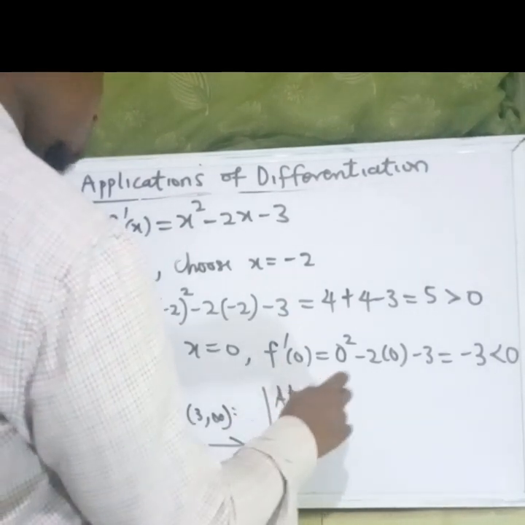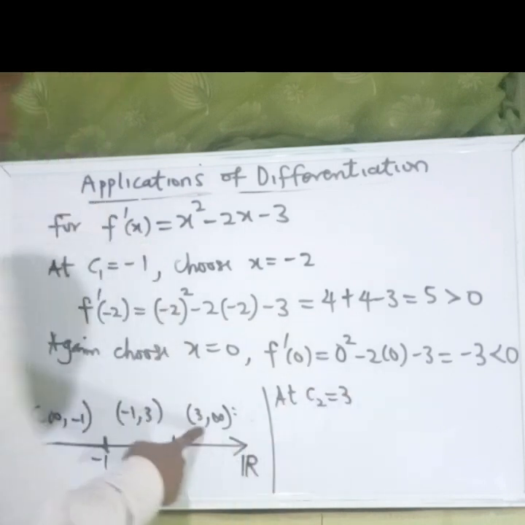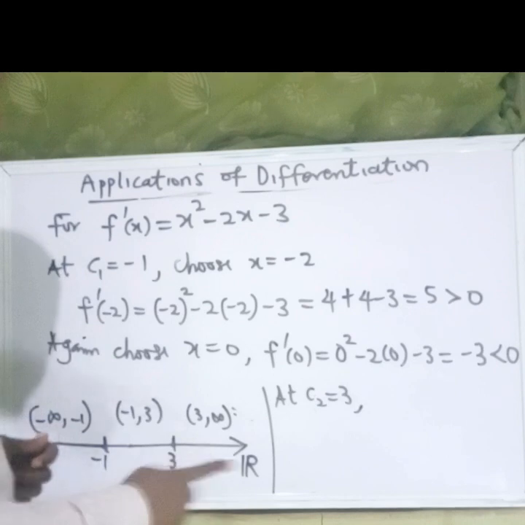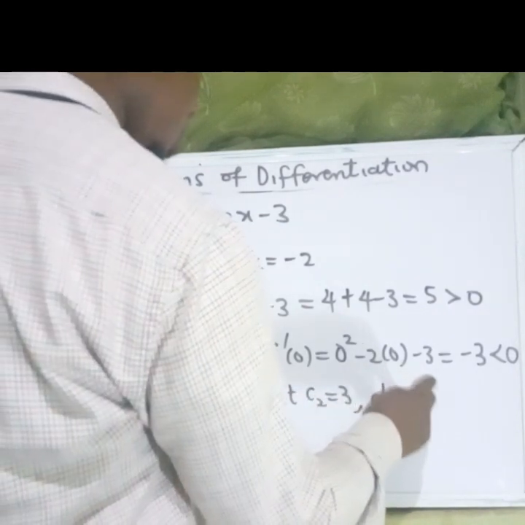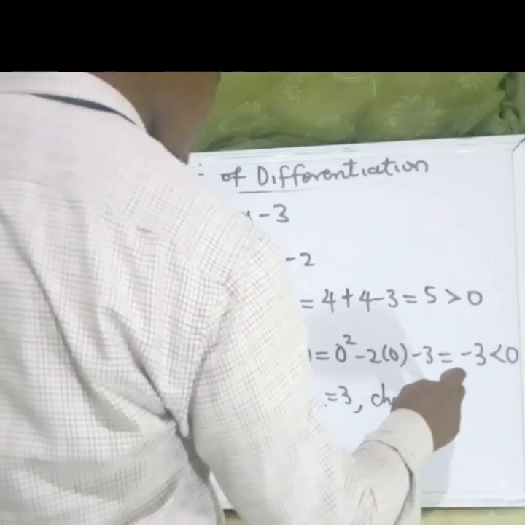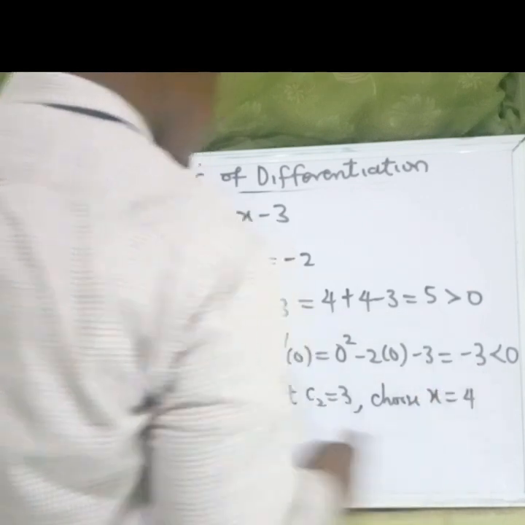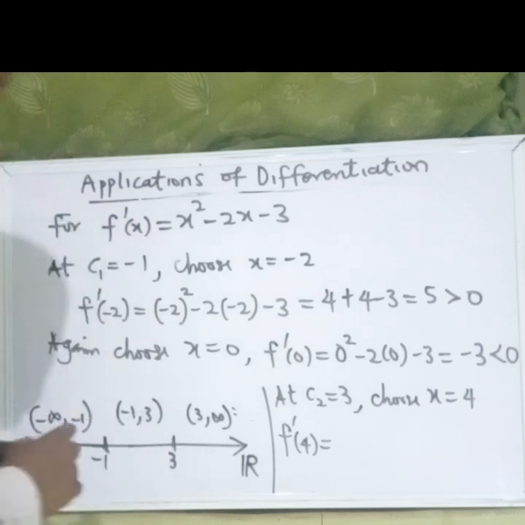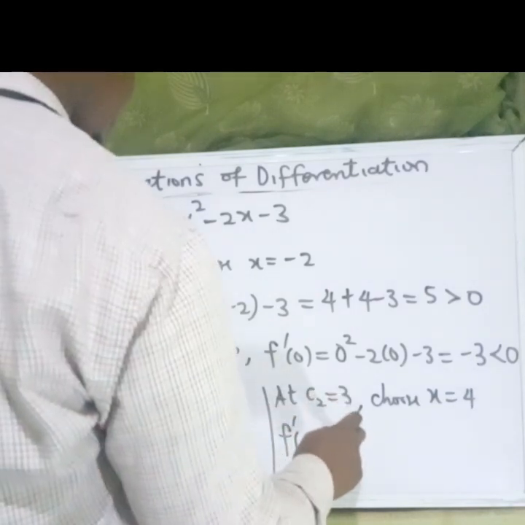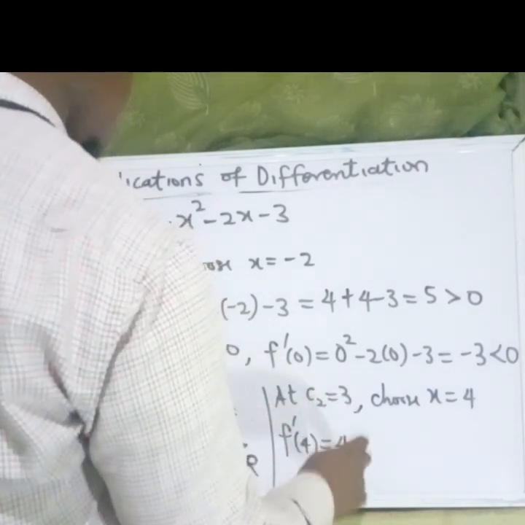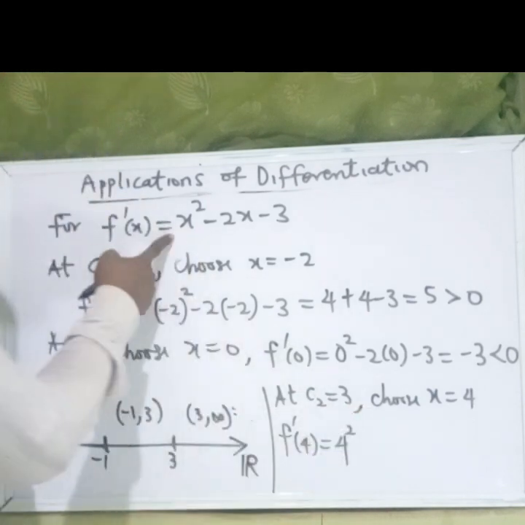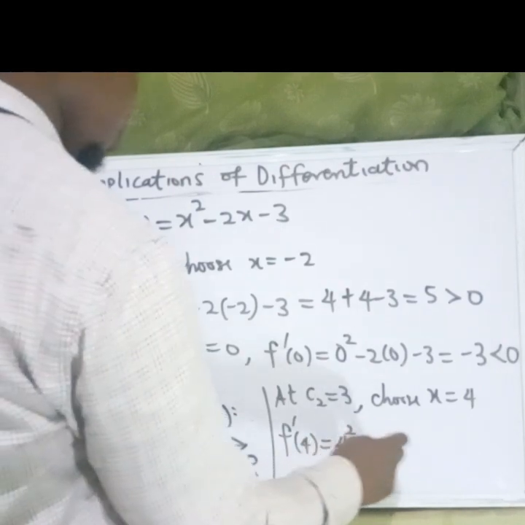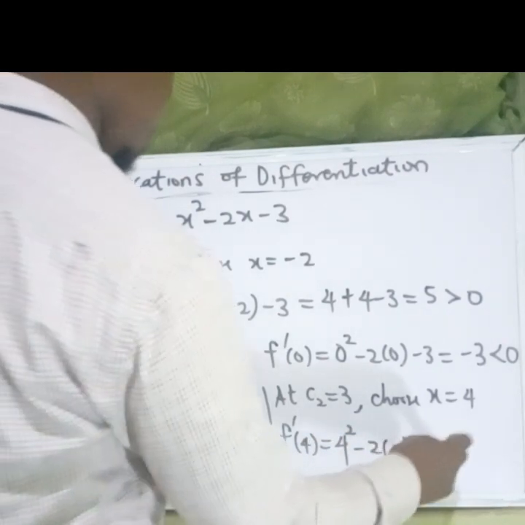So also at c2 equal to 3, in this case we want to consider a choice from the right of 3. Let's choose x equal to 4. Again, f prime of 4 will be equal to 4 square, don't forget this is the formula we are using, minus 2 into 4 minus 3.